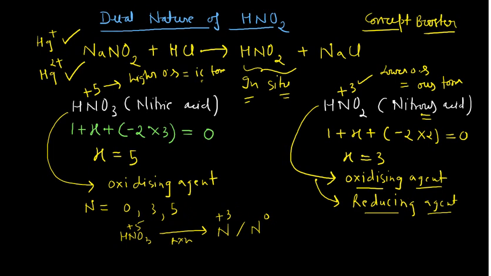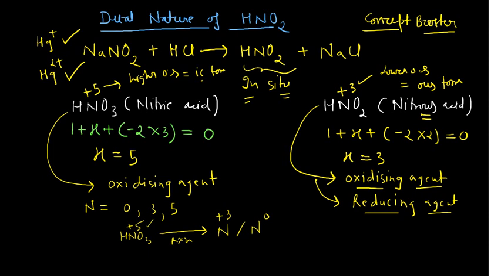In any reaction, the species which undergoes reduction can act as the oxidizing agent, or vice versa. If the species is undergoing oxidation, it can act as the reducing agent. But you can see, since the maximum oxidation state of nitrogen cannot exceed 5, for nitric acid there is only one choice, it can reduce its oxidation state.